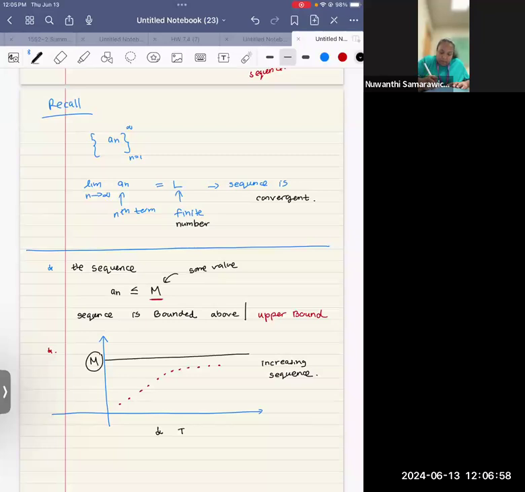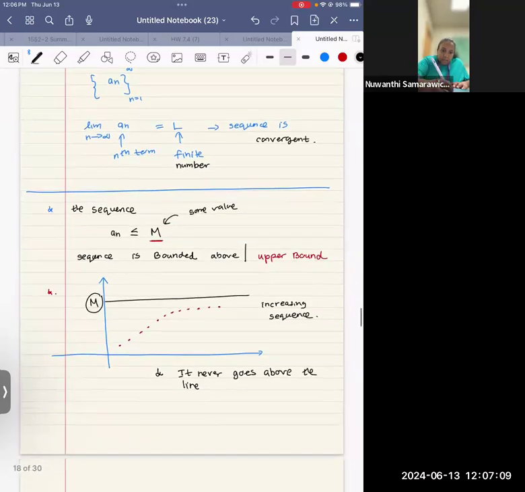It never goes above the line. Then we say the sequence is bounded.